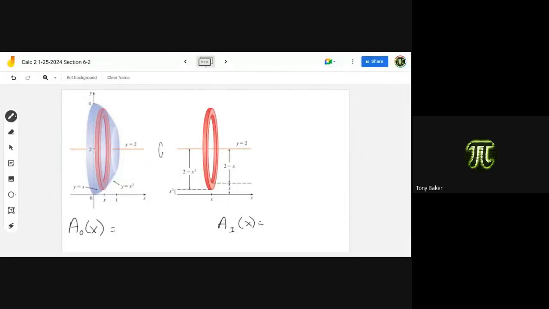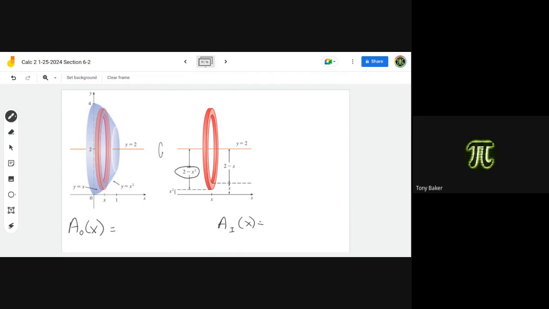So when we're looking at the radius of the outer, it ends up being 2 minus the x squared. Because remember, we're still going down to the x-axis.